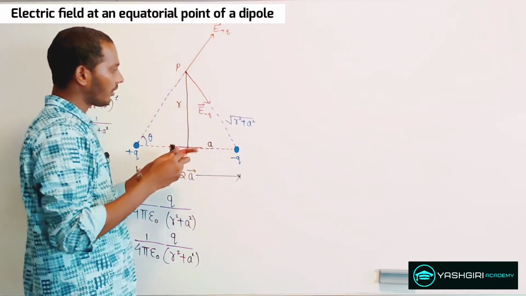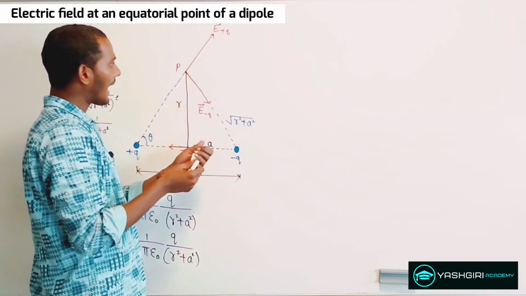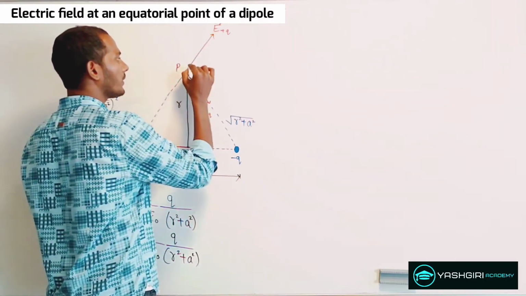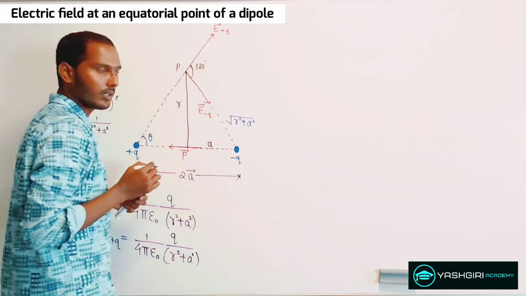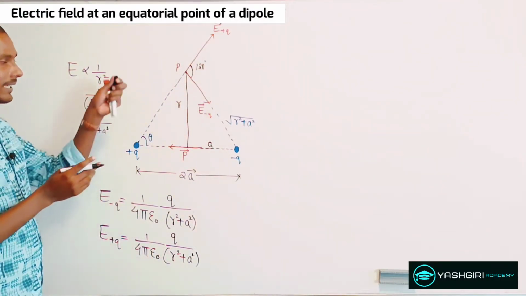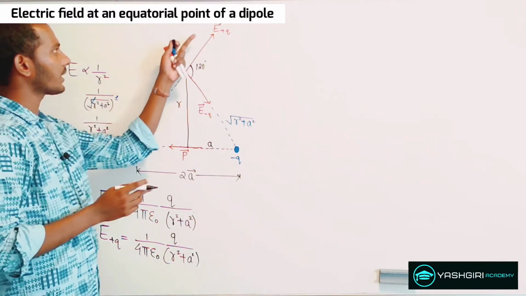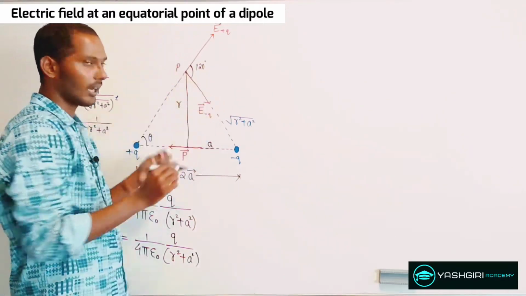So this is the equilateral triangle if you see the symmetry, and in this case, the angle between this is 120 degrees. So that's the angle. Now I see one vector going in this direction, the other vector is coming downward.